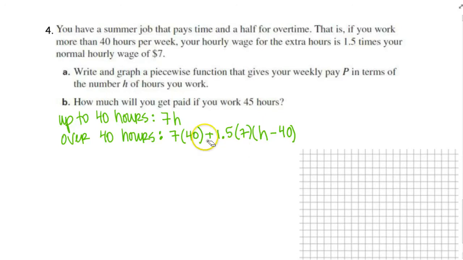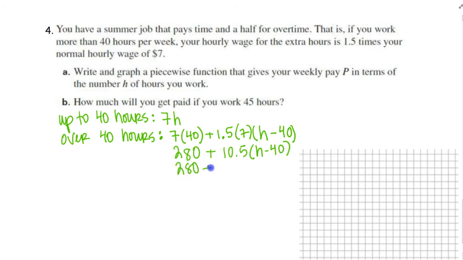Now this is all kinds of sloppy, right? So I would go ahead and make this look a little better. So this would be 280 plus, well, 1.5 times 7 is 10.5. And then we've got H minus 40. And let's clean this up by distributing.